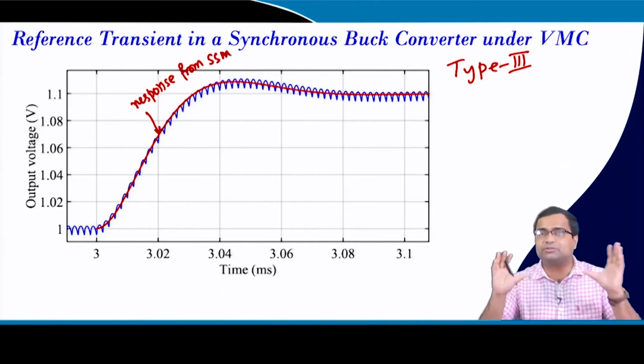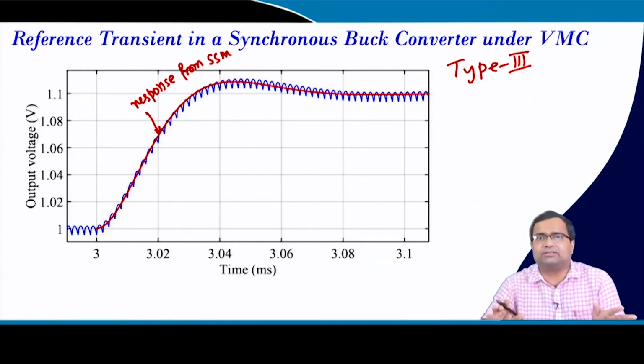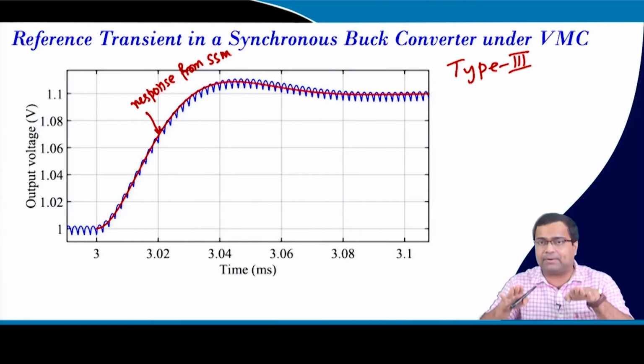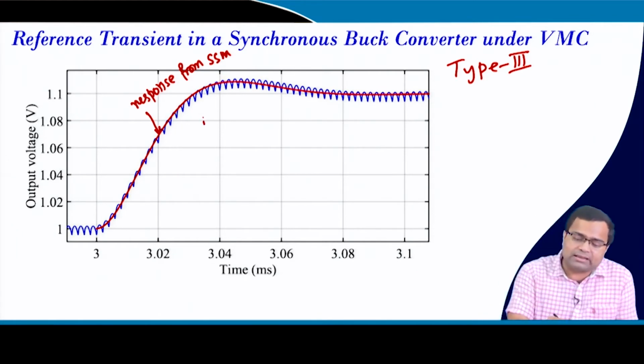Though we have not derived the small signal model yet, assume that you can derive a linear transfer function out of a DC-DC converter by suitably applying the averaging technique as well as perturbation theory. And the blue one is coming from the actual switch simulation.